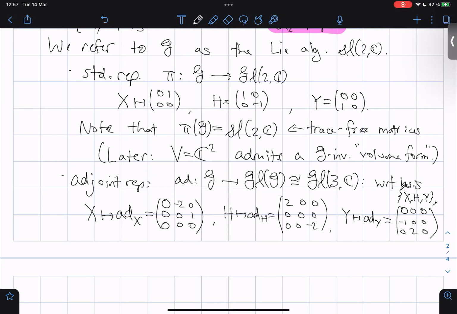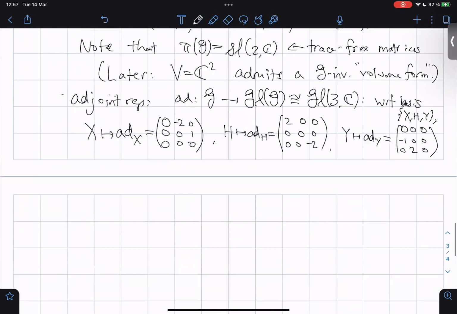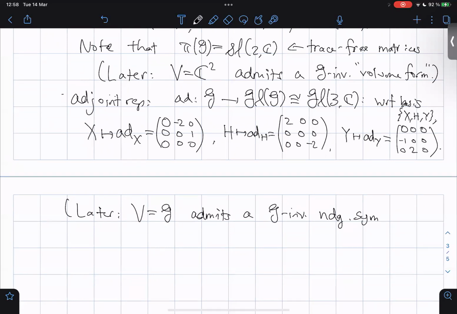Again, there are nice invariant tensors on the representation space, in this case G. This admits a G-invariant non-degenerate symmetric bilinear form.